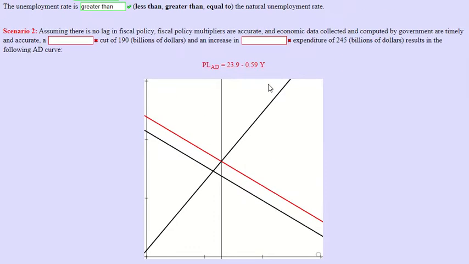So we'll go ahead and label it, right? So we have a tax cut of 190 billion. We have an increase in government expenditure of 245 billion, and it results in the following aggregate demand curve, right? So I'll go ahead and plug this into Desmos.